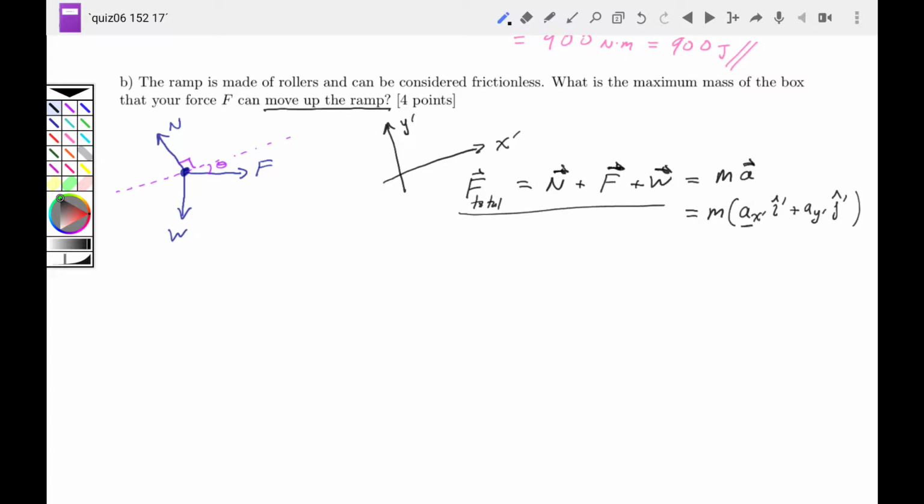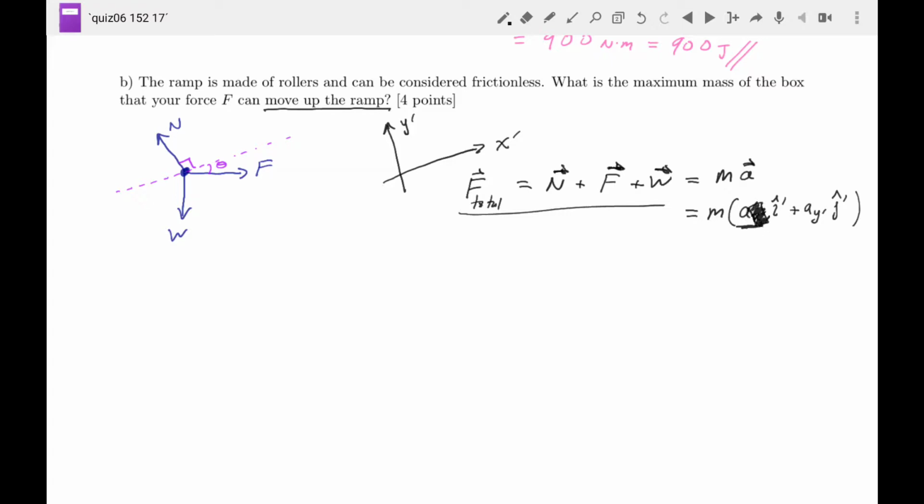If this term is greater than 0, then the box will slide and accelerate up the incline.